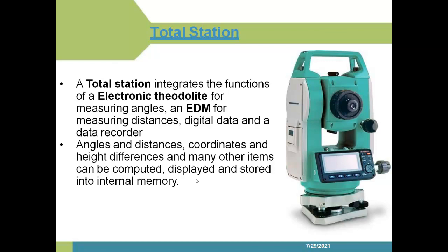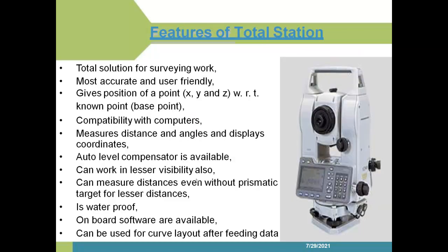That laser signal pulse hits the prism and is reflected back to the total station. From the travel time, it directly fixes the horizontal distance, horizontal angle, vertical distance, and vertical angle also. So these are the features of the total station.